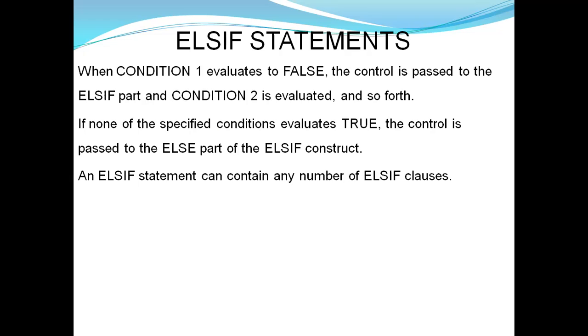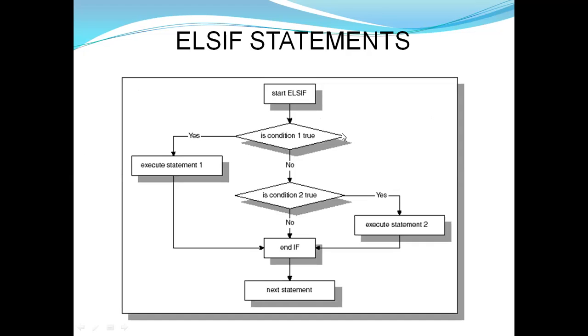If no, age should be more than 20. If that is true, no problem. Otherwise, it will go to the next. So you can put n number of conditions in an ELSIF part. Who all are the developers who know how to write code? Everybody knows this very well, how to use an ELSIF part.